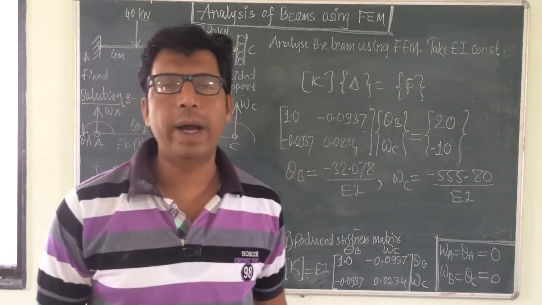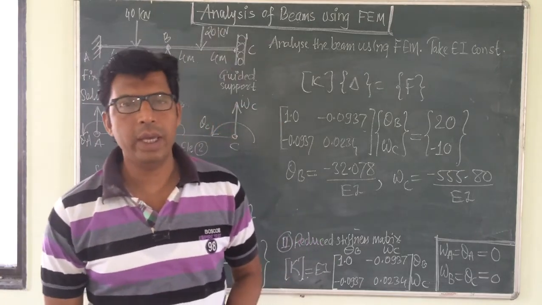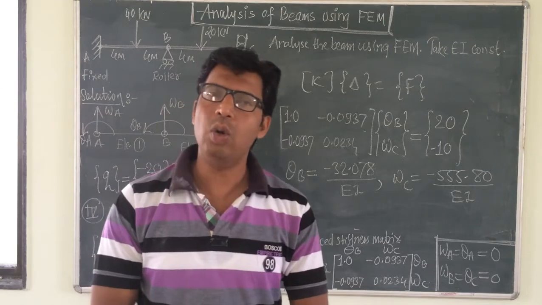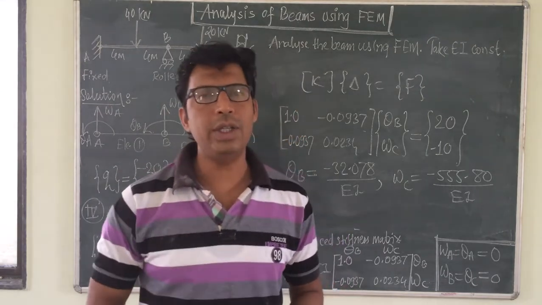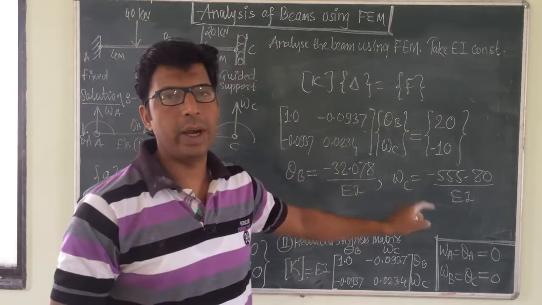These are your final displacements. Like this we have calculated the unknown displacements. Out of 6, the first 4 are 0 because of boundary conditions, and the remaining 2 we have determined.